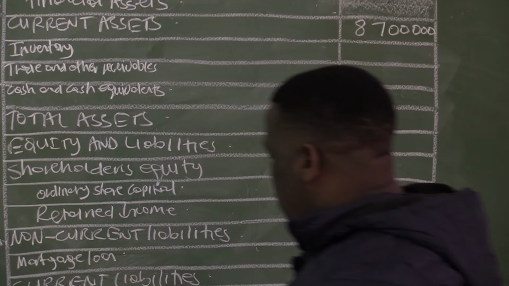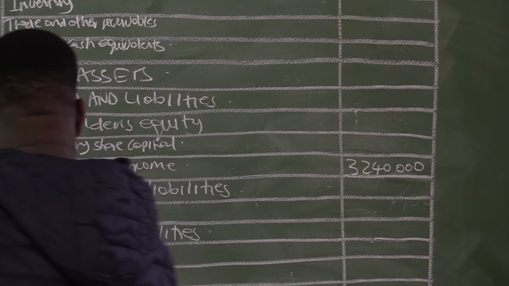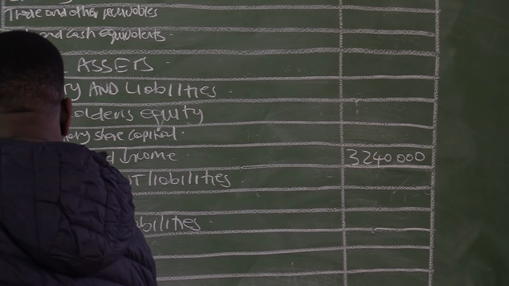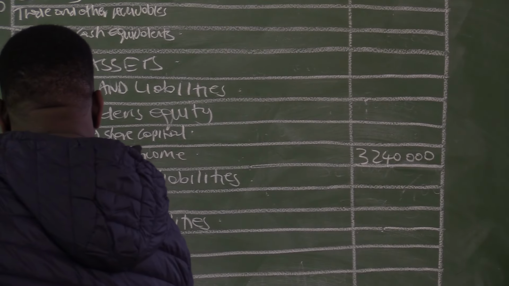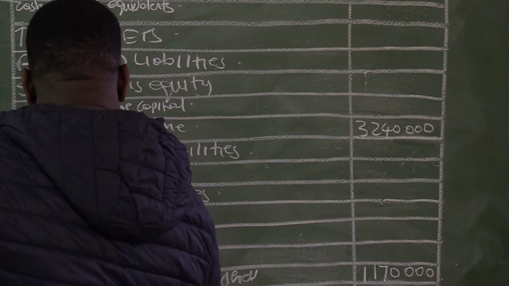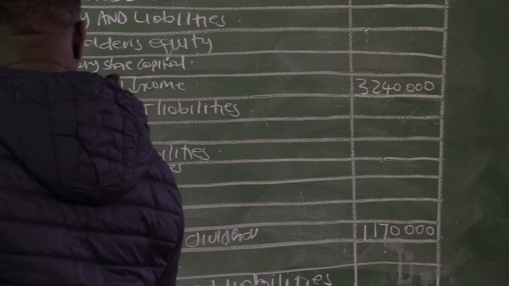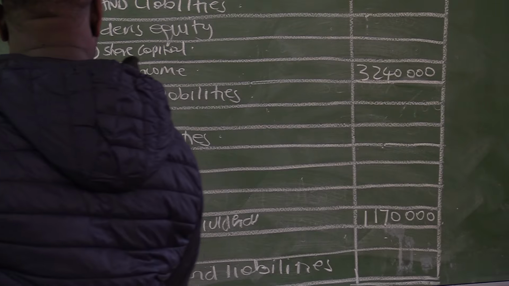Right, your current liabilities. The first thing that will go under current liabilities will be your trade and other payables. It's very important to know the structure of the balance sheet.